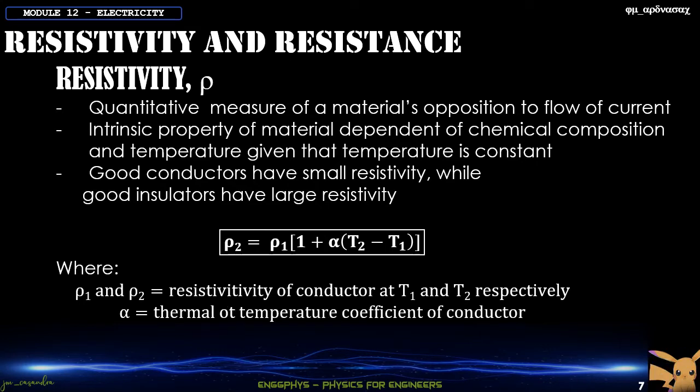And alpha is your thermal or temperature coefficient of the conductor, which is dependent on the material. And rho will be the reciprocal of your conductivity, which is equal to 1 over sigma. So sigma is your conductivity for conductors.